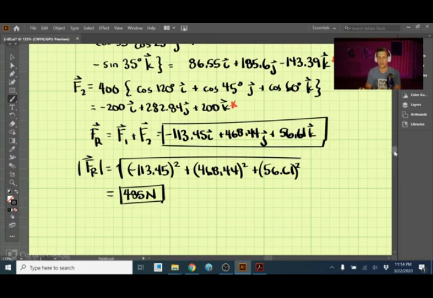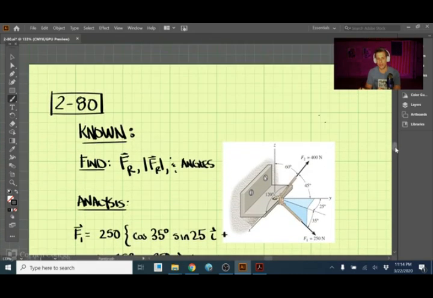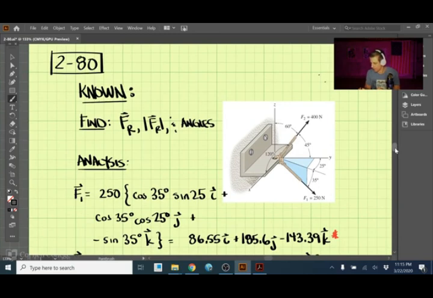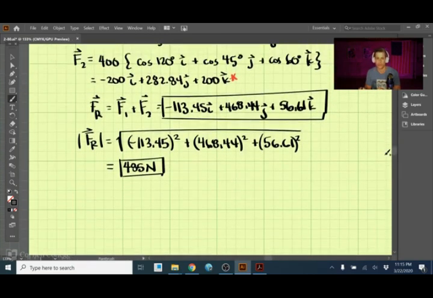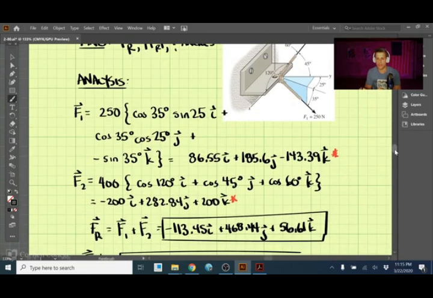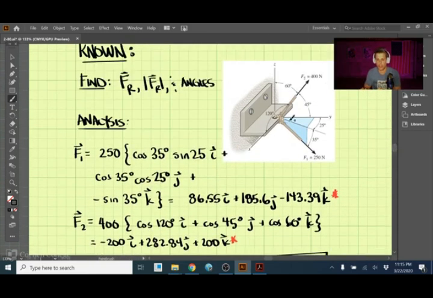And lastly, maybe the most tricky part is the angles. All right, it wants the coordinate direction angles. So we have this vector, whatever direction it points. I'm not even going to guess, maybe something like here. And it wants the angles in between this vector and the x-axis, this vector and the y-axis, and this vector and the z-axis.